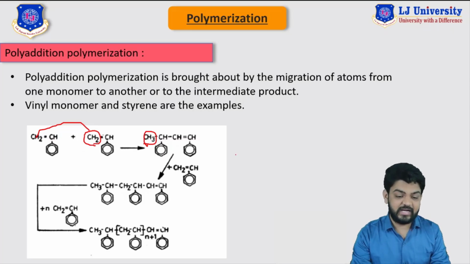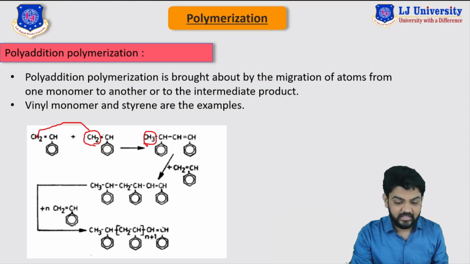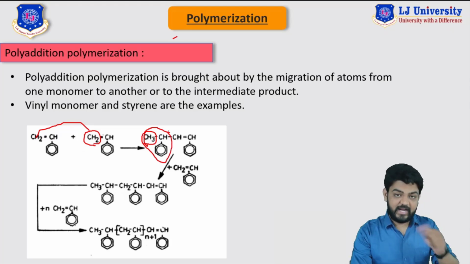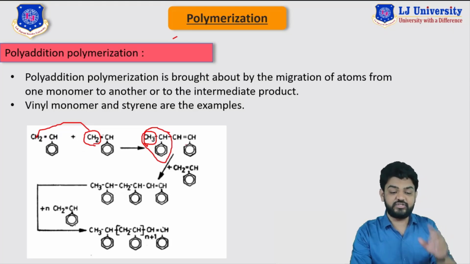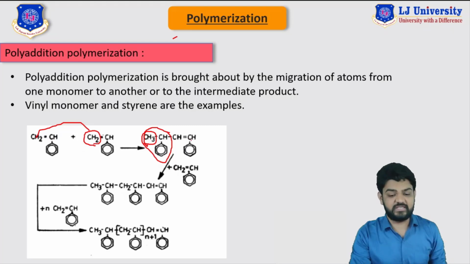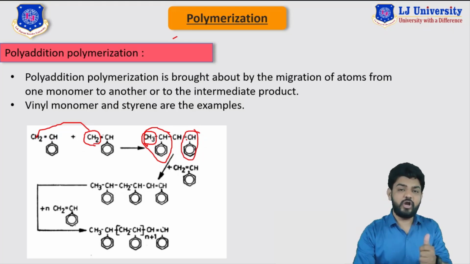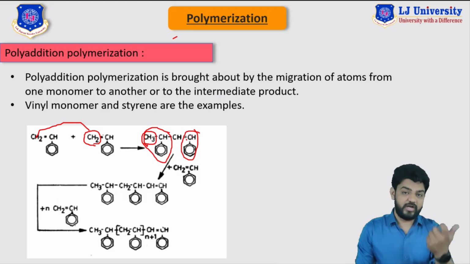You can see here the entire compound now has a structure like this. We have this styrene with a CH3 and one CH, which is connected with a single bond to CH, and this double bond is staying as it is. You can see here we have the double bond, right? And one more styrene is there. So this is all about the migration of hydrogen from one monomer to another monomer.